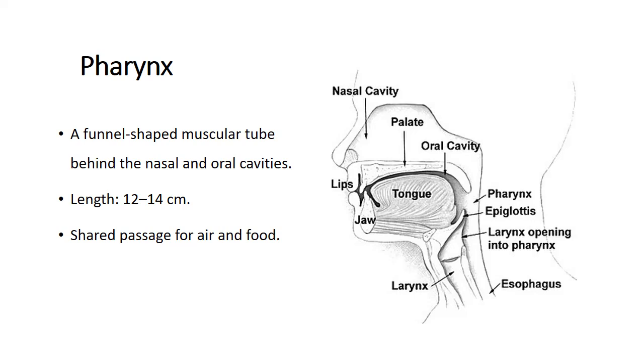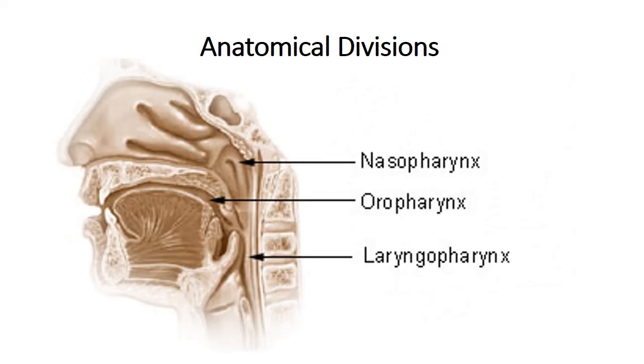One of its unique characteristics is that it serves as a common pathway for both the respiratory and the digestive systems. Air passes through the pharynx on its way to the lungs, while food passes through it on its journey to the stomach. The pharynx is divided into three anatomical regions: nasopharynx, oropharynx, and laryngopharynx.